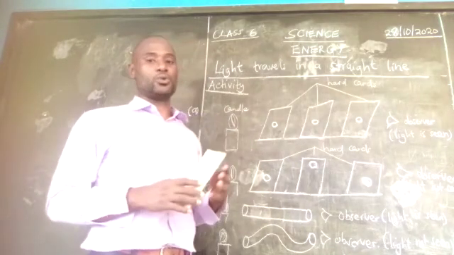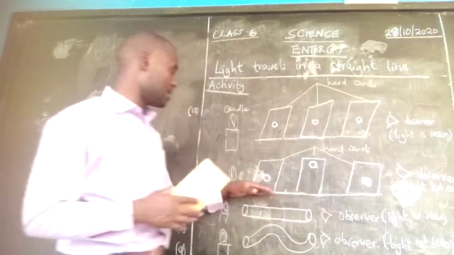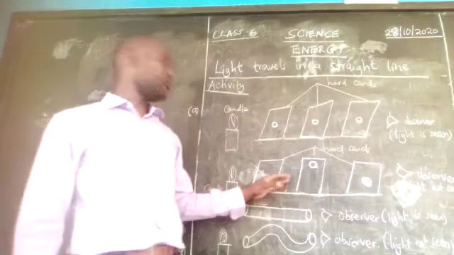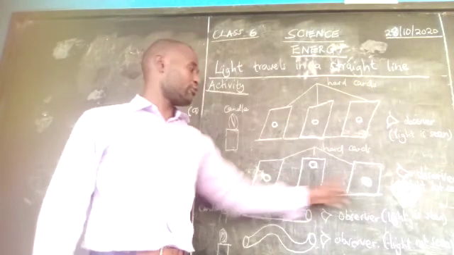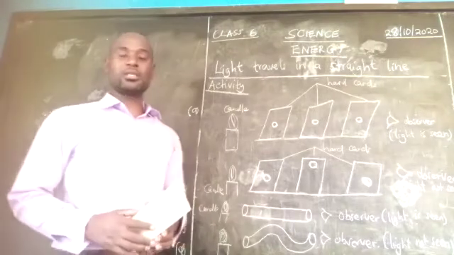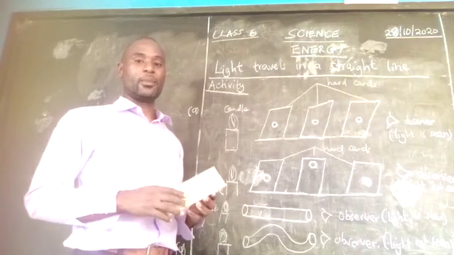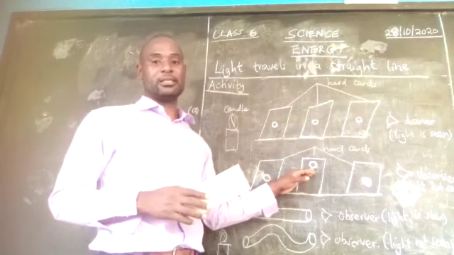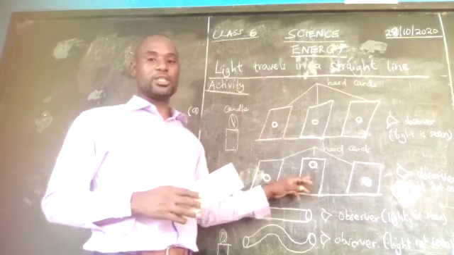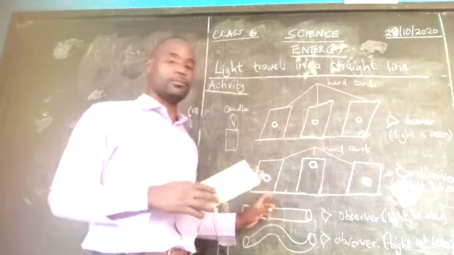What we are supposed to do is to tilt one of the cards. So in my second diagram, I have the cards, but when you look at the arrangement of the holes, they are not on one line. One of the cards has been tilted. The hole is not at the center as in the other two.